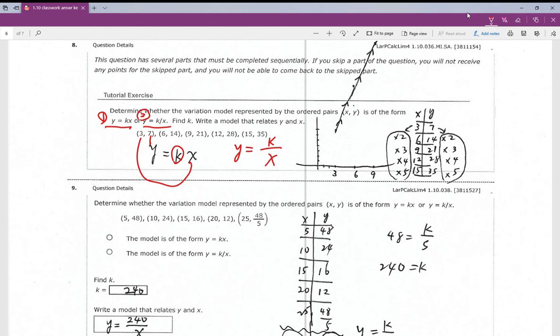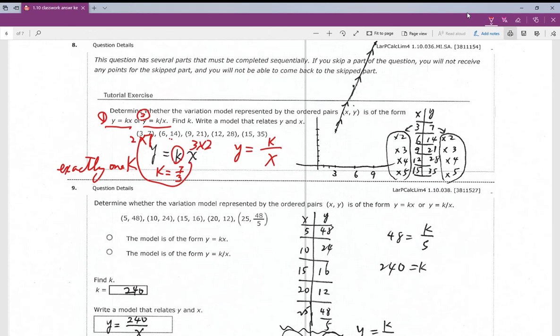Once you choose this formula, you need to find exactly 1 k. So you have only 1 k for the function. Now, if you choose 3 and 7, then k equals 7 over 3. Now, if you change it to 6, it means you times 2, right? If you times 2 here, you need to times 2 here. Yes, even though you didn't try to find k.